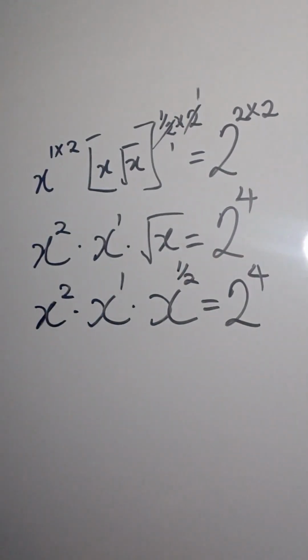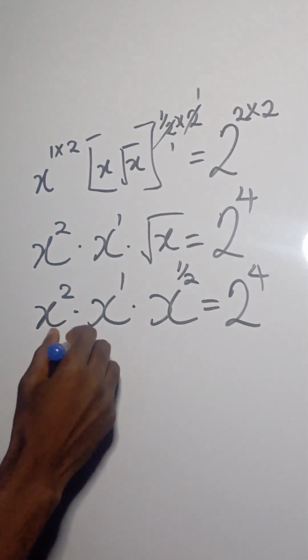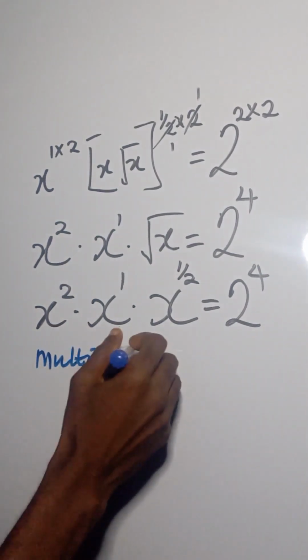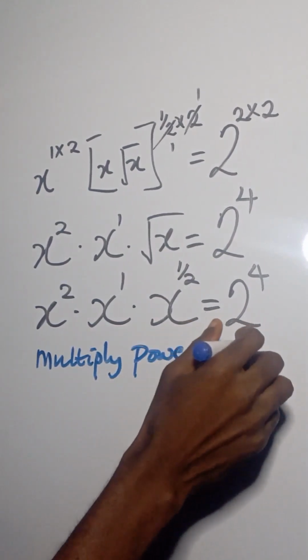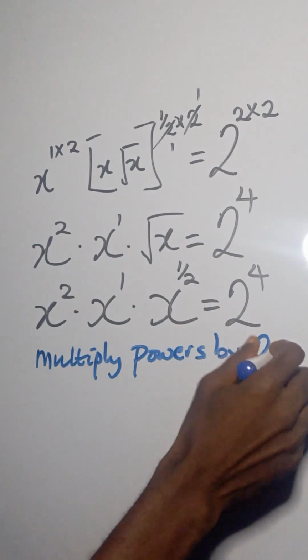So at this point again, of course, we are going to multiply powers by 2.